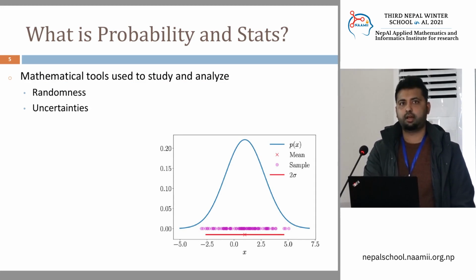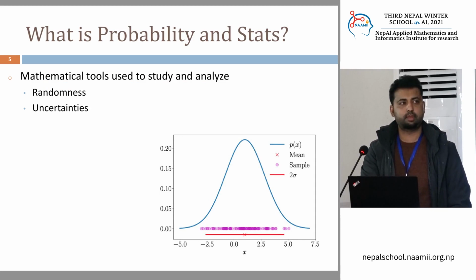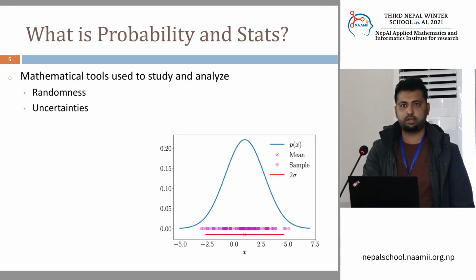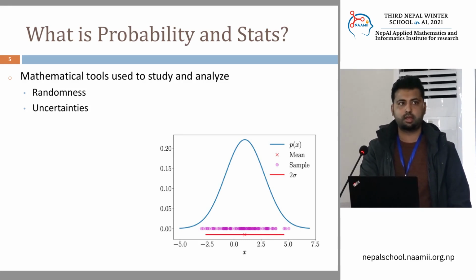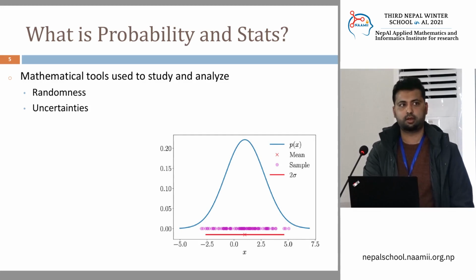Different events have certain uncertainties and randomness associated with them. Things are not certain, and how can we study those types of phenomena? To study those phenomena, we use tools from mathematics, which are covered in the topic called probability.